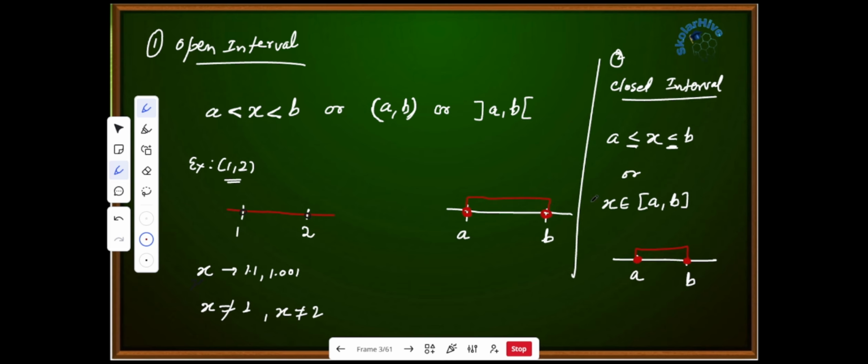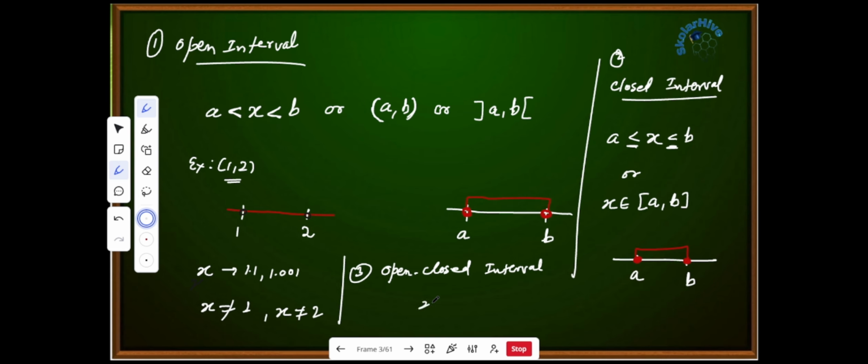Now we have the third type of interval, which is the open closed interval. Open and then closed means left side is open, right side is closed.